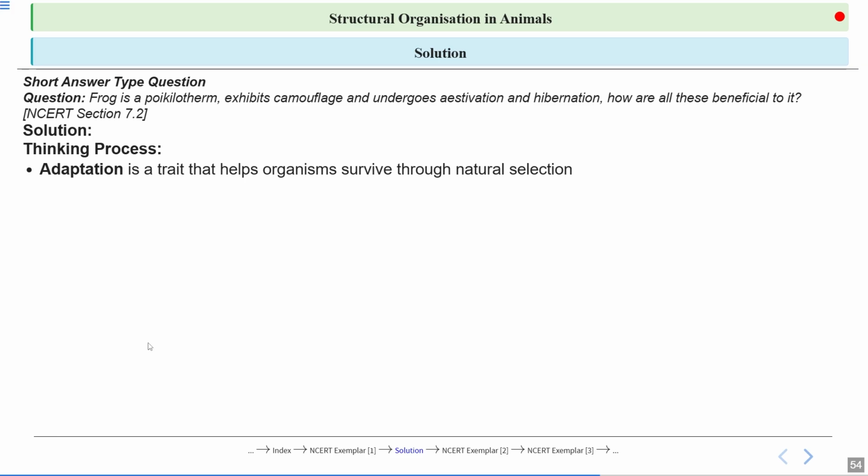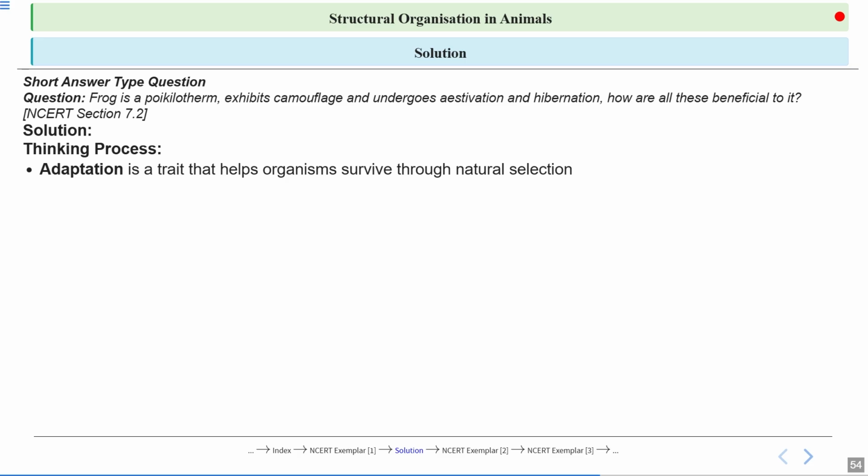Adaptation is a trait that helps an organism to survive through natural selection. As you all know, the frog is a poikilotherm, cold-blooded. It cannot regulate its body temperature, so it has to adjust according to the environment.